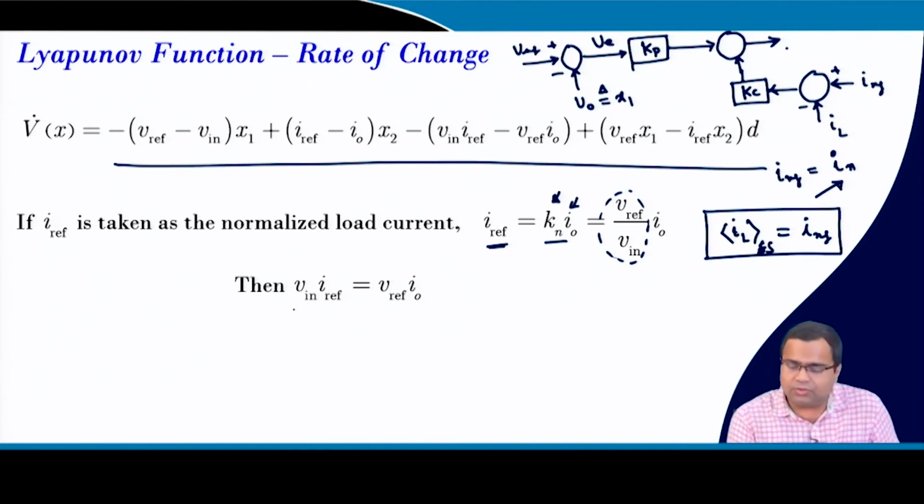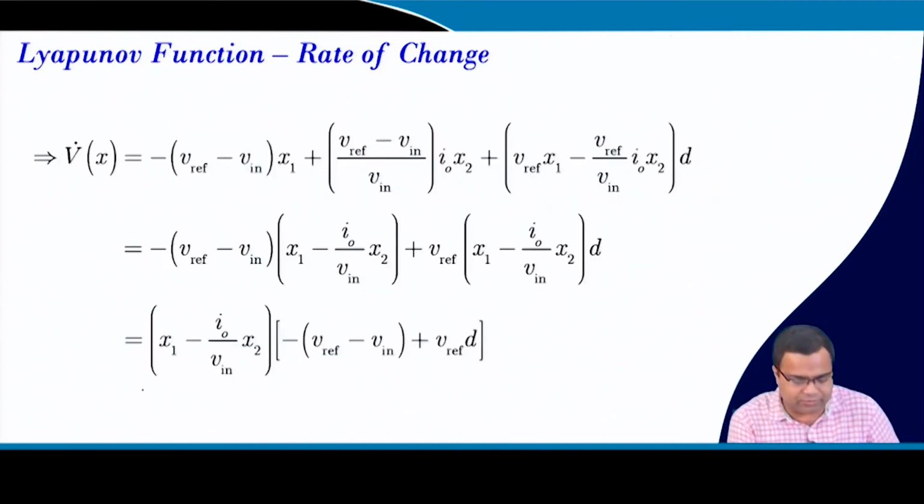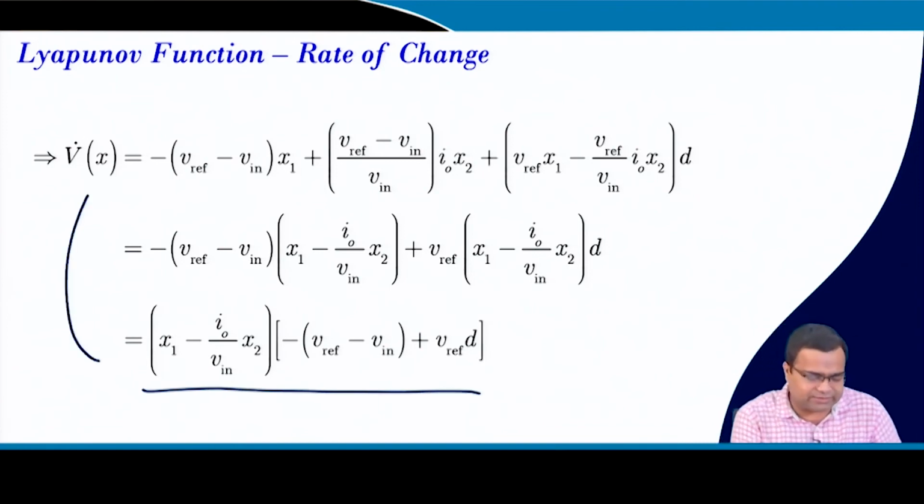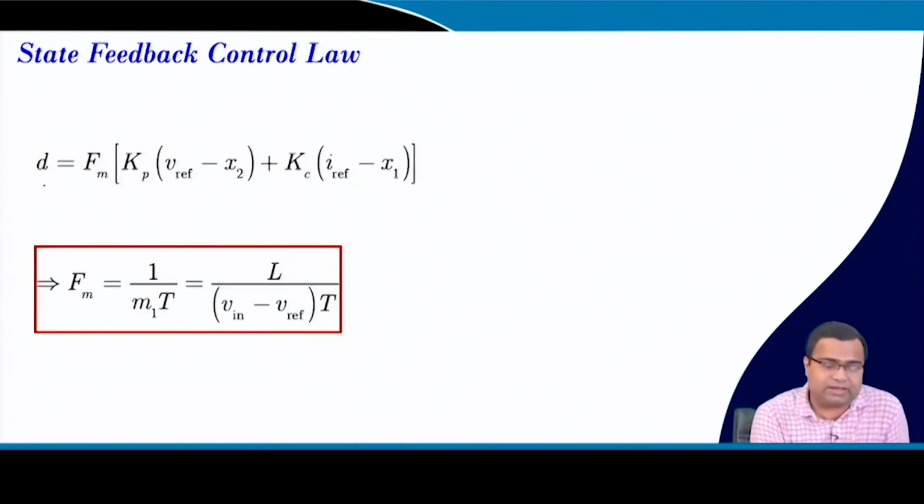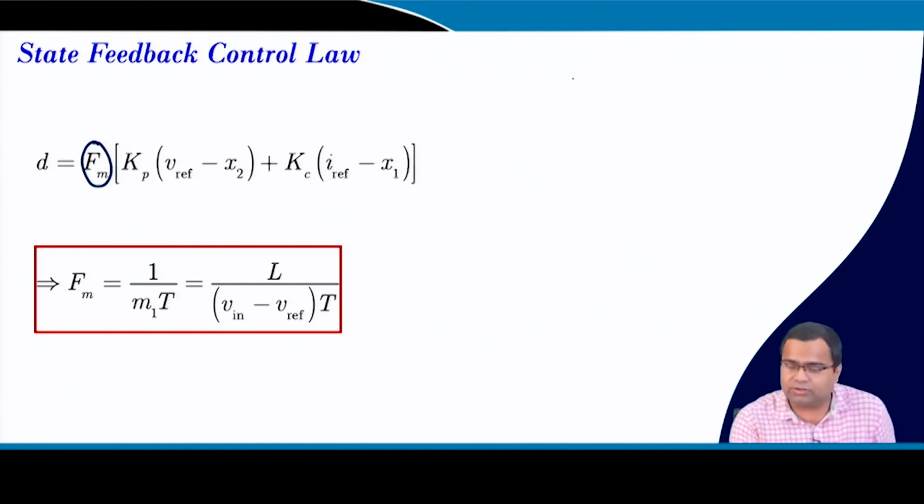Now, if we substitute this I ref with the normalized load current, then what will we get? We will get this equation V dot x, and next our control duty ratio is the modulator gain times x 1, that is my inductor current, minus this I ref, plus there is one more term, x2, which is my output voltage, minus reference voltage.